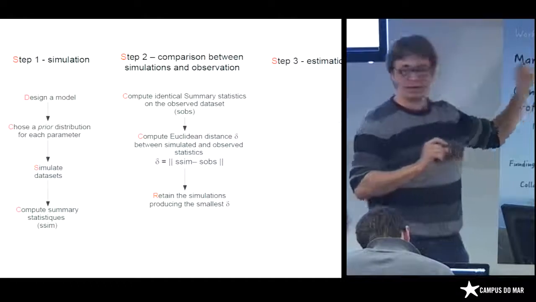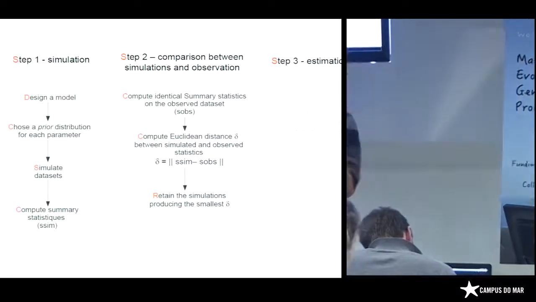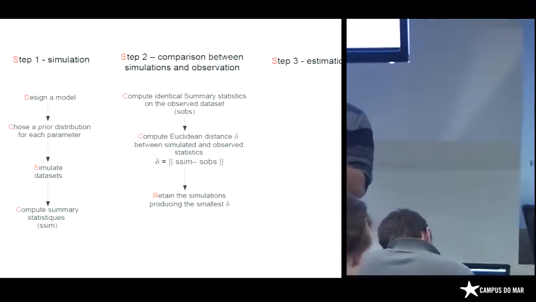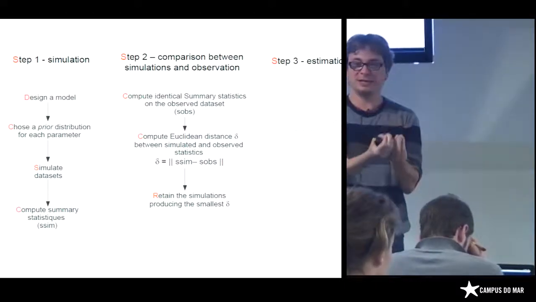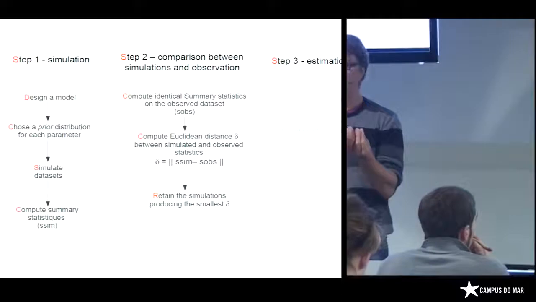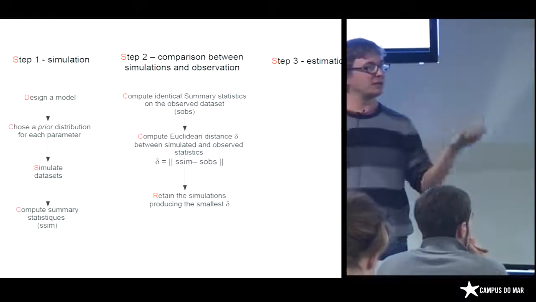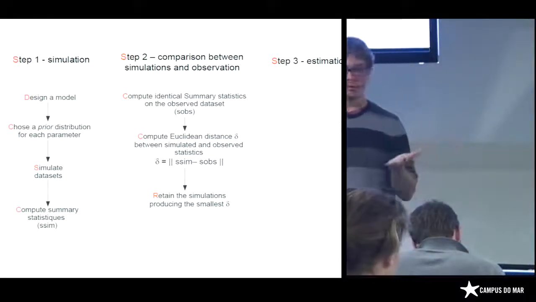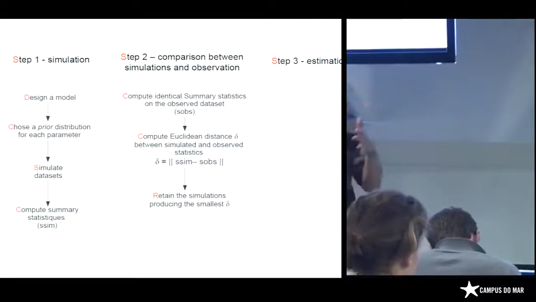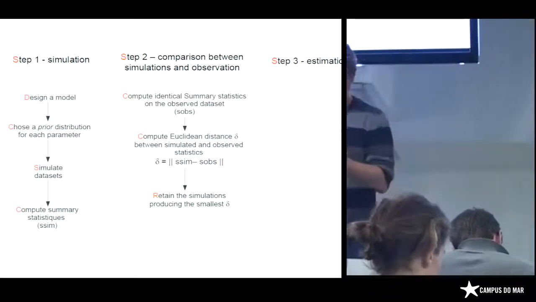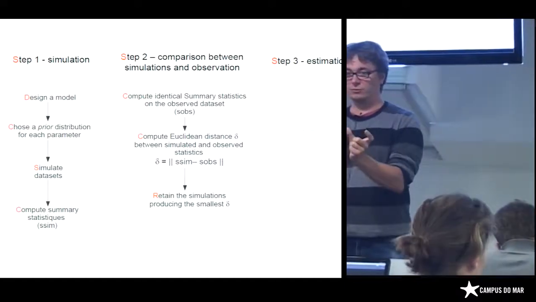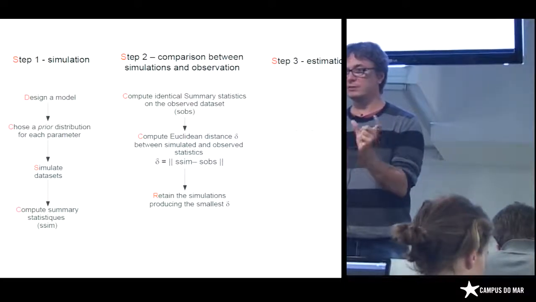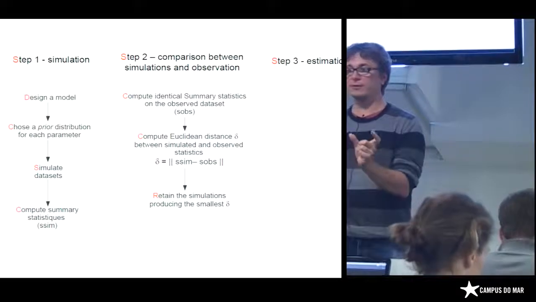So maybe here I should explain there are two objectives in model fitting. You have the objective of estimating the parameters of the model, the population size, gene flow, the mutation rate, I don't know, the divergence time. This is one objective. Another objective is to compare models, to see what is the best model.